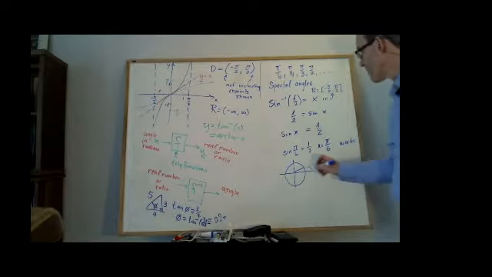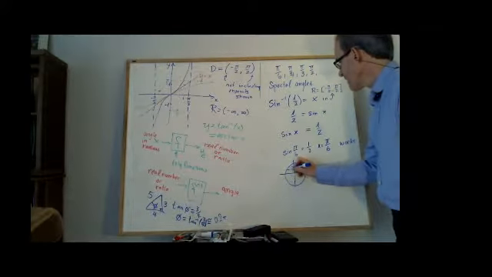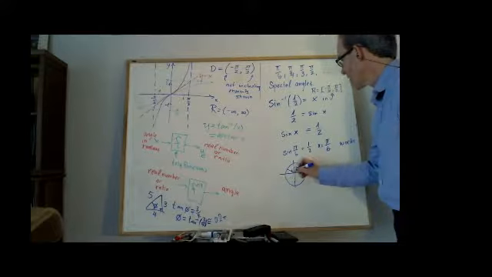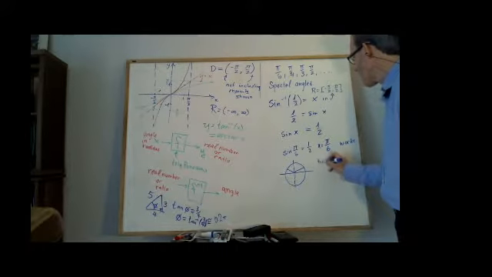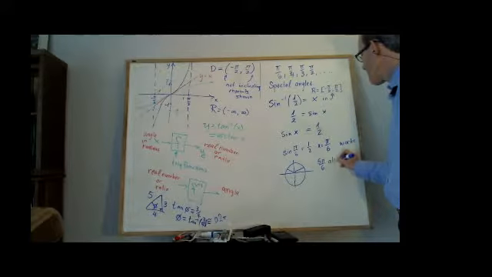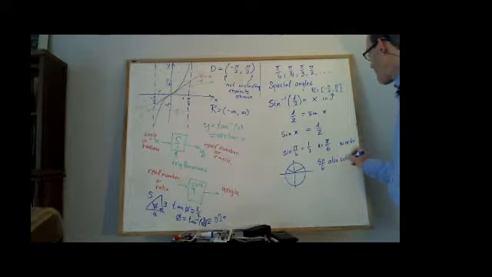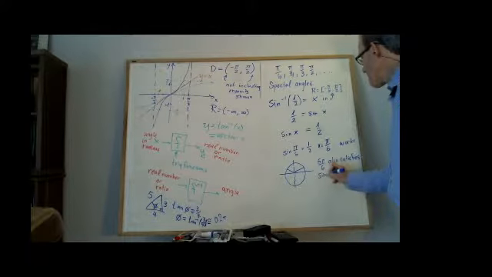Does any other value work? Well, if you go a little higher, you can get this angle here, which is 5 pi over 6. 5 pi over 6 also satisfies this equation.